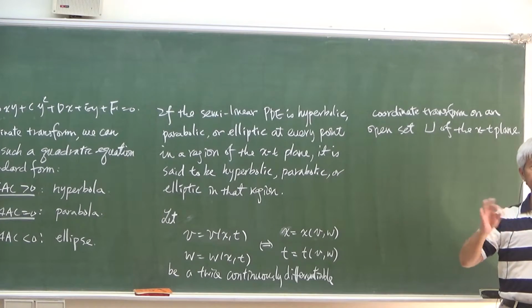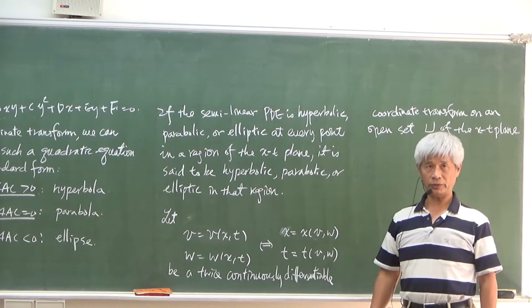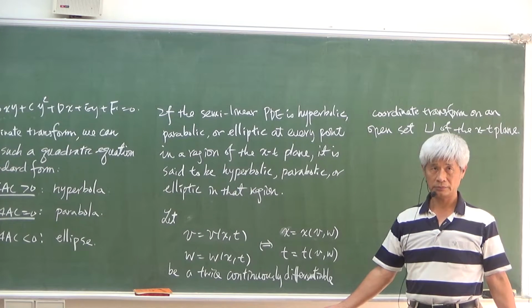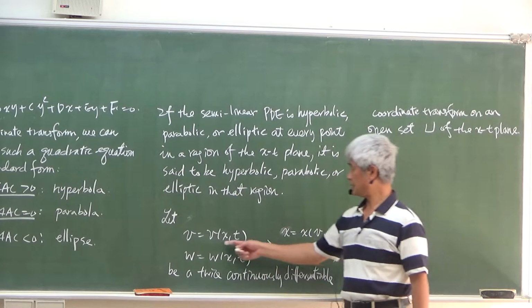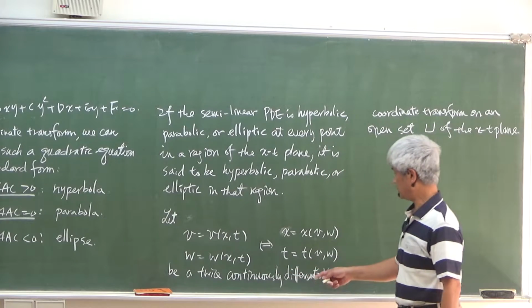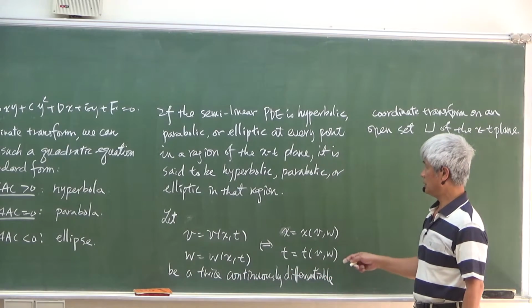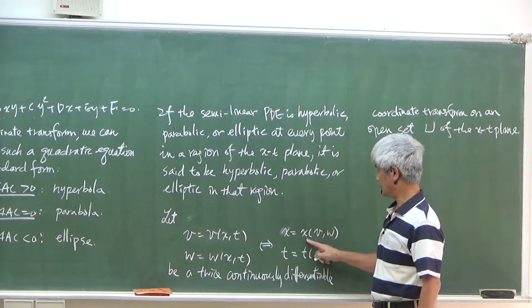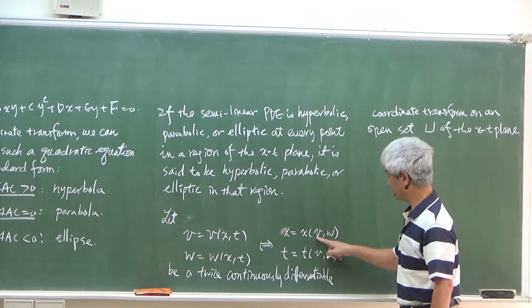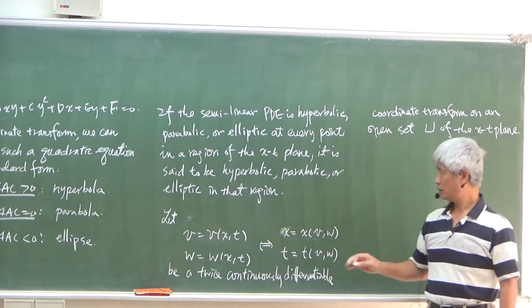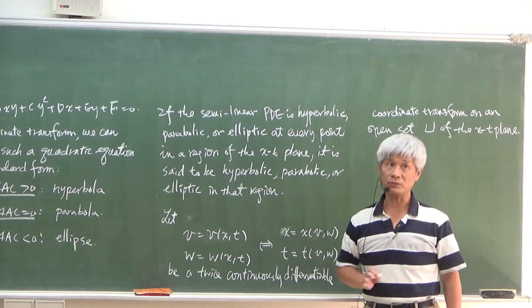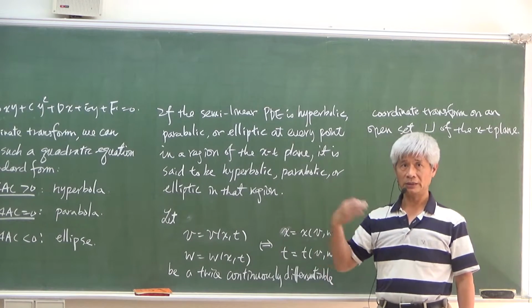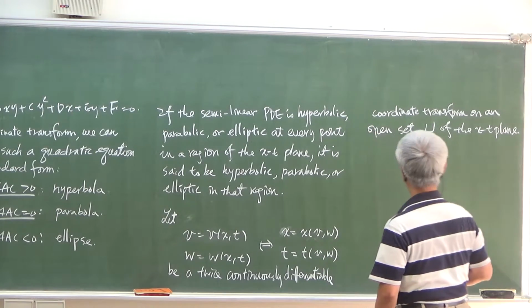So you have an inverse, of course, otherwise it's not a coordinate transformation. And because it's continuously differentiable, of course x and t as functions of v and w are also twice continuously differentiable. Okay, so this is the setting we have.